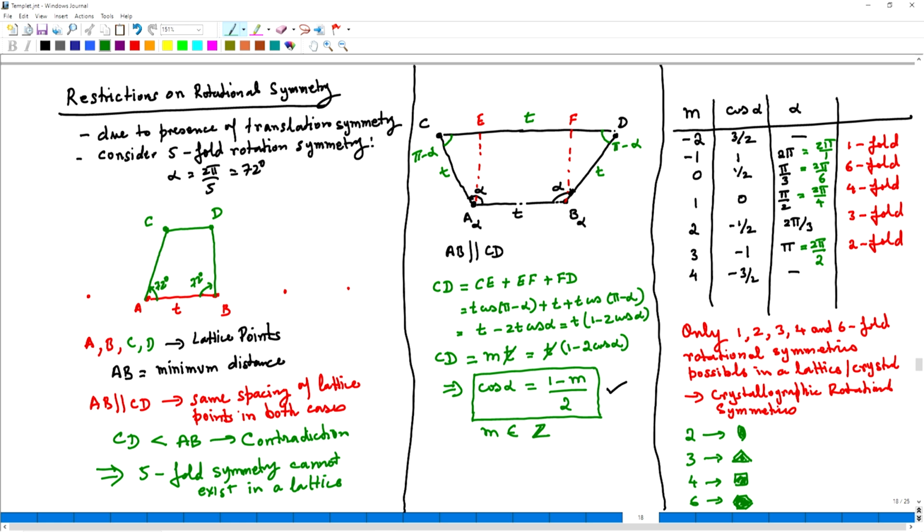And in fact, if there was a 5-fold symmetry, then one would use a regular pentagon, but let me just remind you that this is not crystallographic.